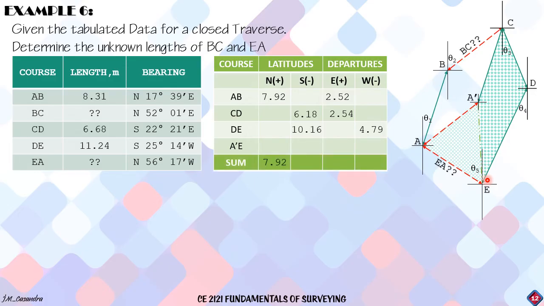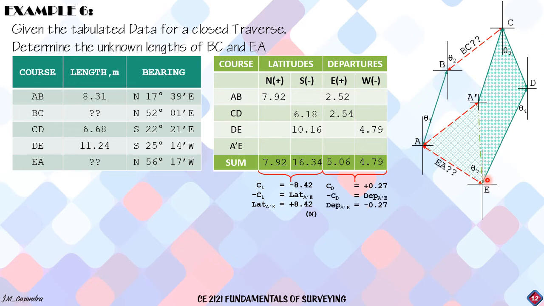Northing is 7.92, southing is 16.34, easting 5.06, and total westing is 4.79. So for line AE prime or EA prime, we'll have now the latitude is negative 8.42, or the latitude of A prime E is 8.42 north. And then the departure is positive 0.27, or the departure of the closing line A prime E is 0.27 west.